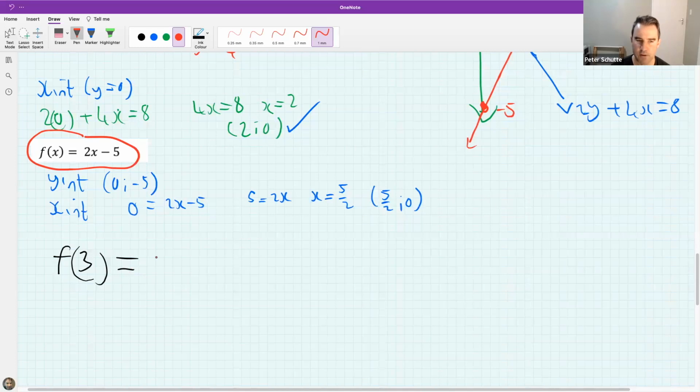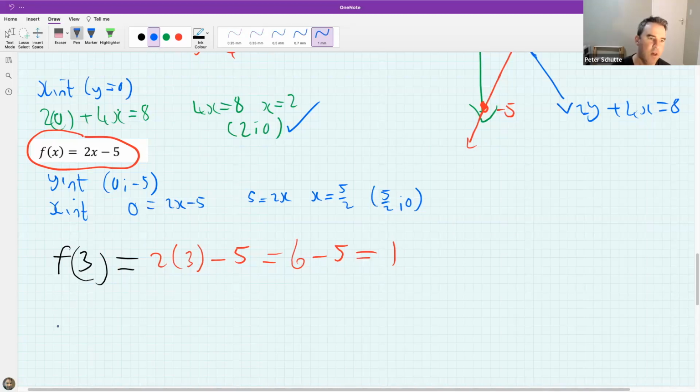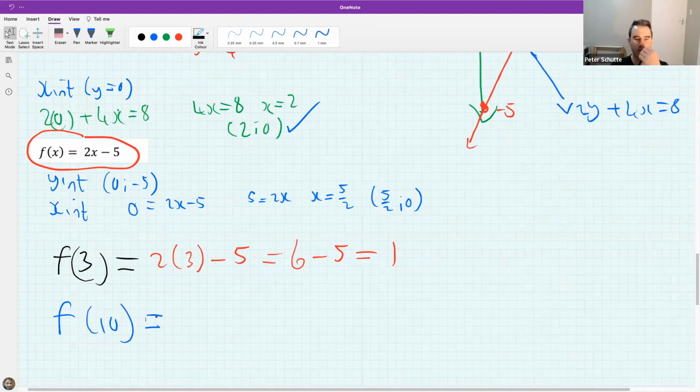So the f of 3 in function notation means the value of the function f when x is 3. It would just mean that, which is 1. It's function notation, yes. And so the f of 3 using the function f here is 1. If I asked you what is the f of 10 using the function I've got here, what would that be?